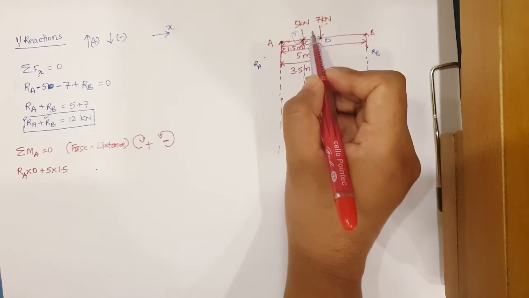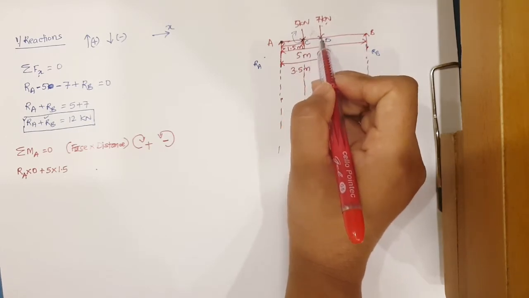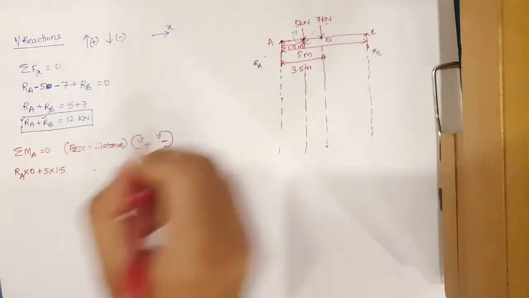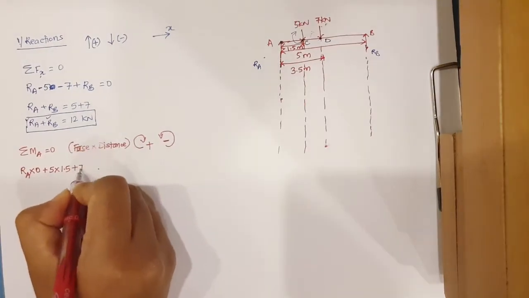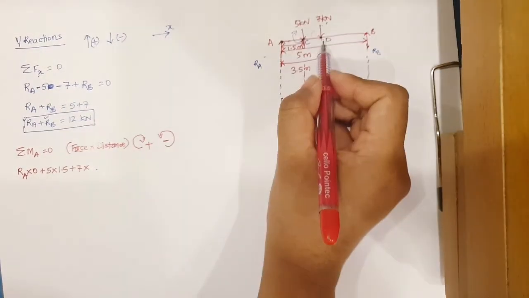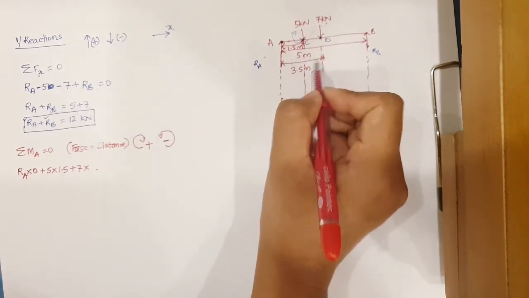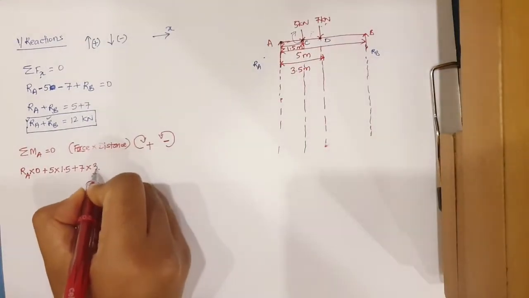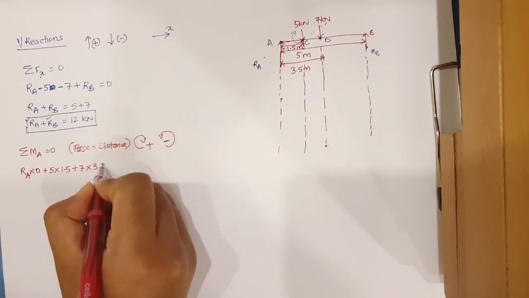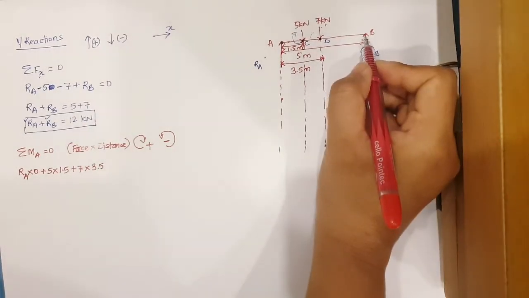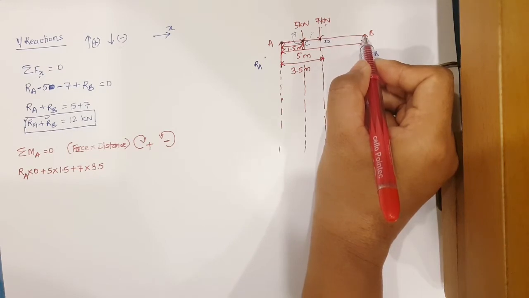It will go in this direction. ये कौन से डायरेक्शन पे जा रहा है अभी? Clockwise direction. So clockwise है तो it is plus 7 into distance क्या है? यहाँ से यहाँ तक distance given is 3.5. So 7 into 3.5.